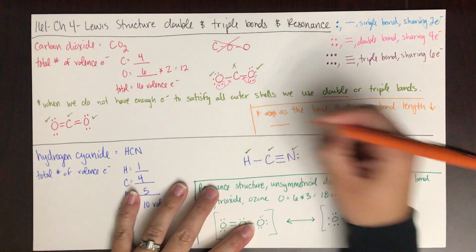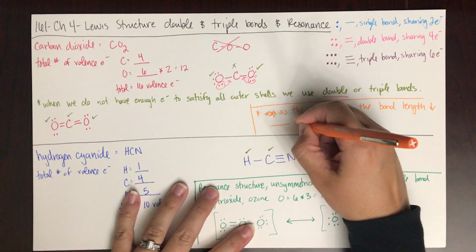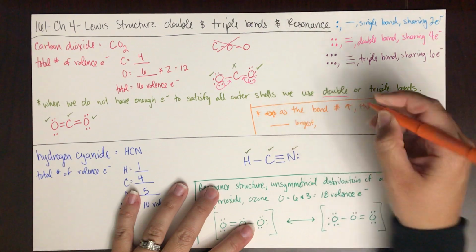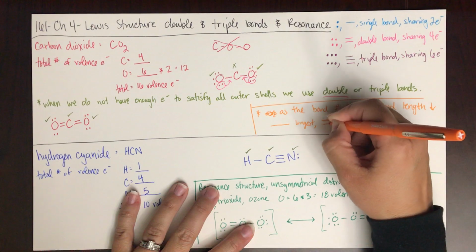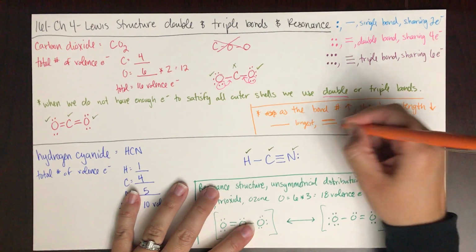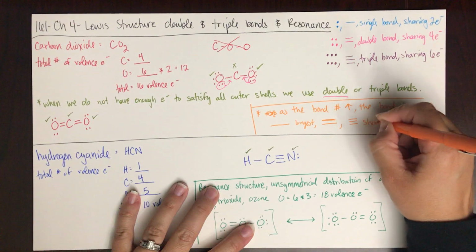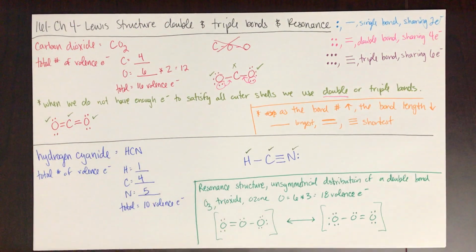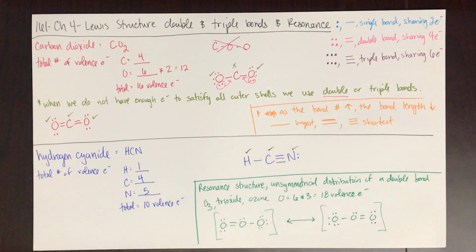So a single bond would be the longest, a double bond would be in the middle, and then a triple bond would be the shortest. So as the bond number increases, the number of bonds, the bond length decreases.